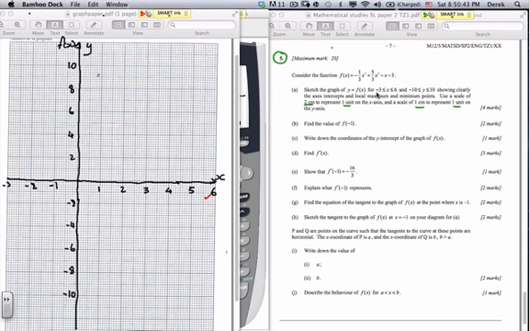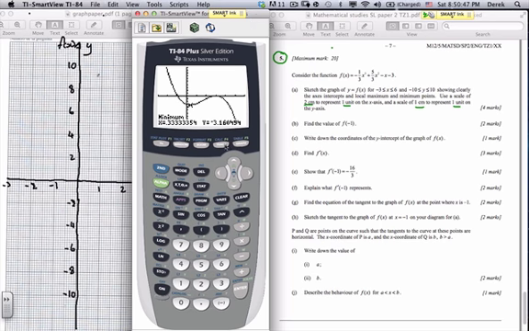Now in drawing this up, you will use your calculator obviously, and I have put in the equation here, and then in your window you put in these values here. So you can see there I go from minus 3 to 6 for x, and then minus 10 to 10 for the y.